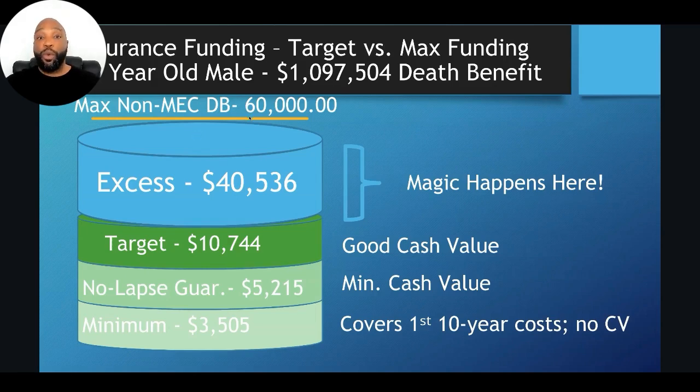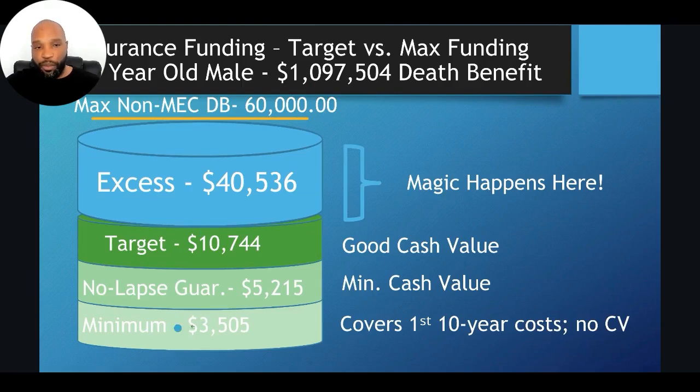He can pay no more than $60,000 a year into his policy, assuming he wants to keep the tax advantages, which in this situation, ideally, he wants to keep the tax advantages, okay? So that death benefit of $1,097,504 sets a maximum premium contribution of $60,000 per year.